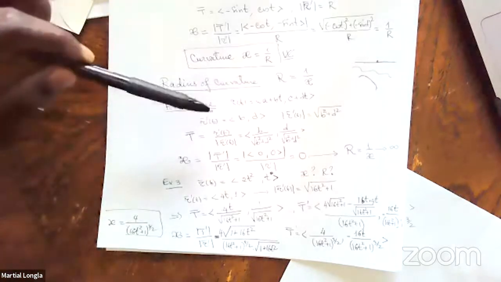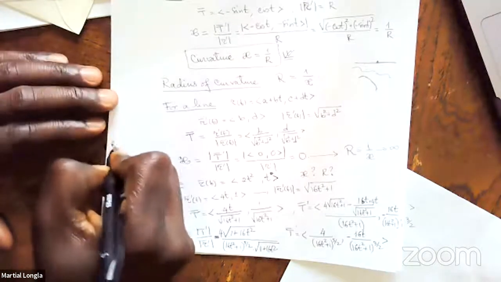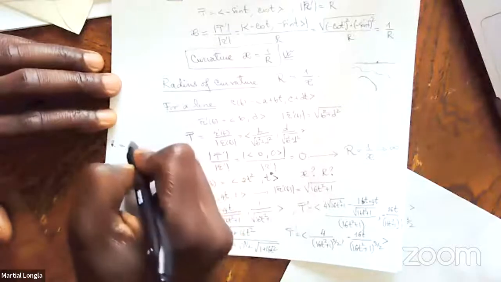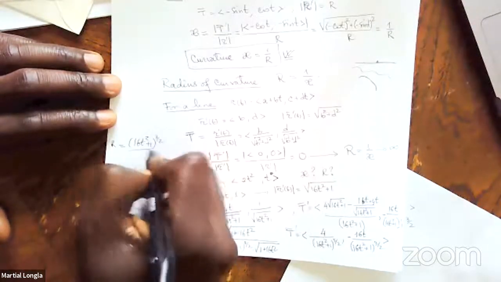Because of what I just explained, we would look for a different way of finding the curvature. And then the radius of curvature in this problem is just 1 over that, so r equals 16t squared plus 1 to the 3/2 divided by 4.